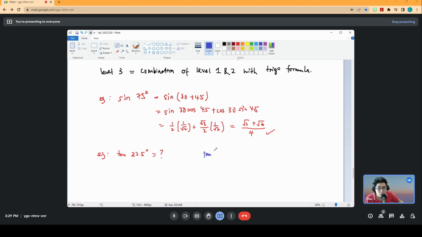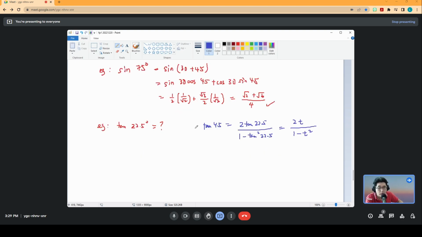Tangent of 45 equals 2 tangent of 22.5 over 1 minus tangent squared 22.5. For simplicity, I write it as t, so 2t over 1 minus t squared. And from level 2, tangent 45 is equal to 1. So I have 1 equals 2t over 1 minus t squared.